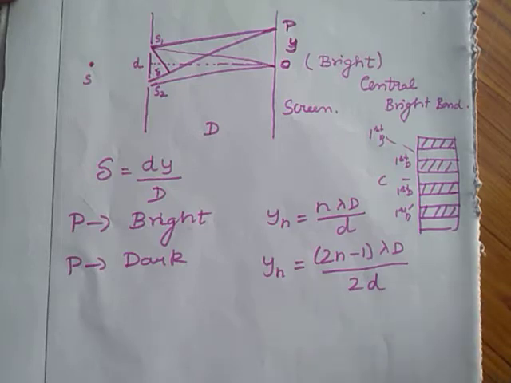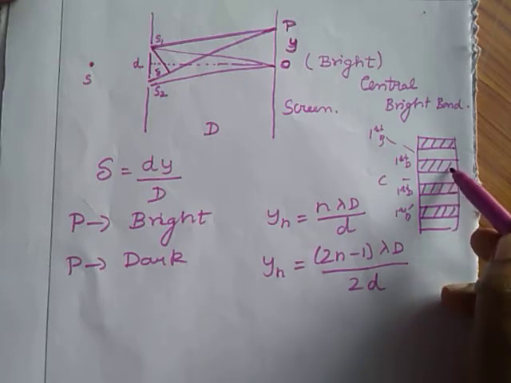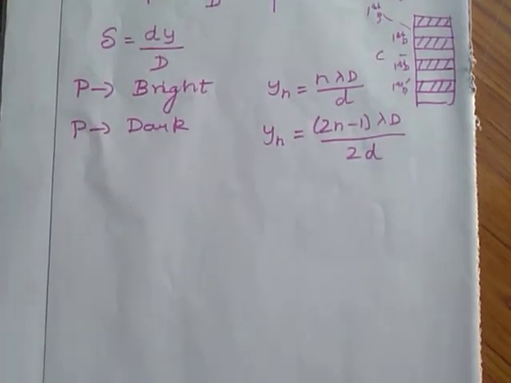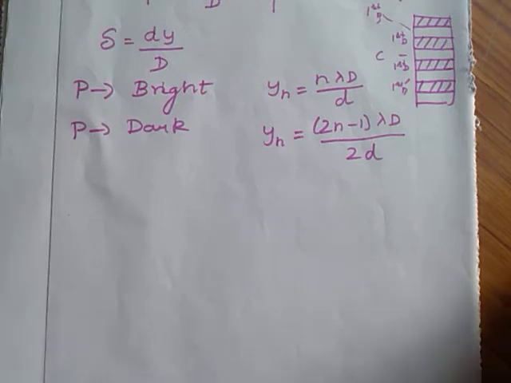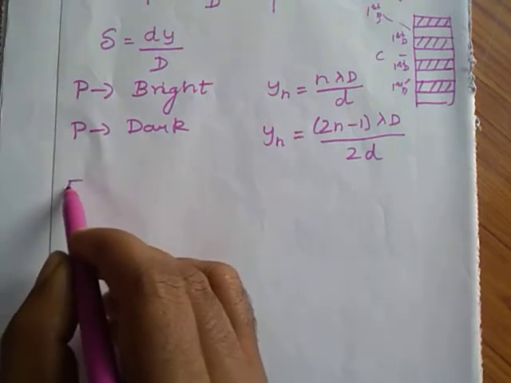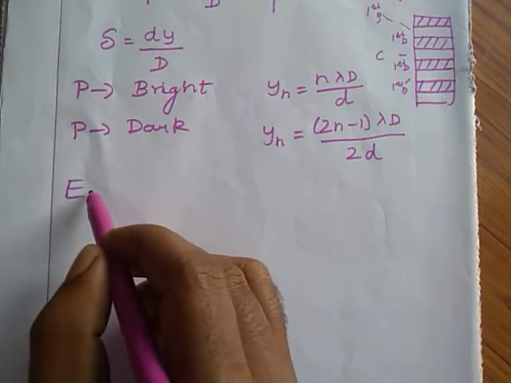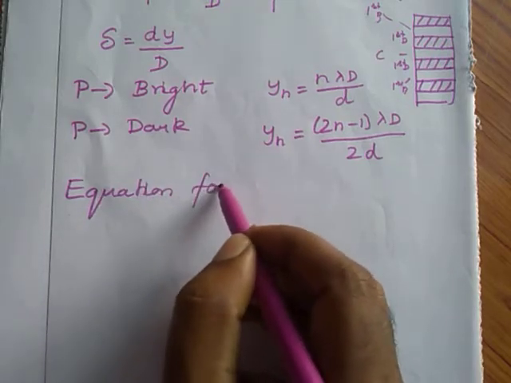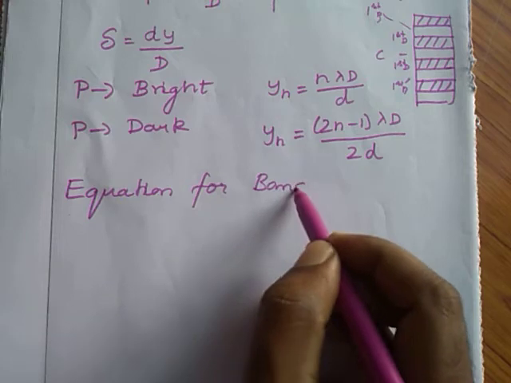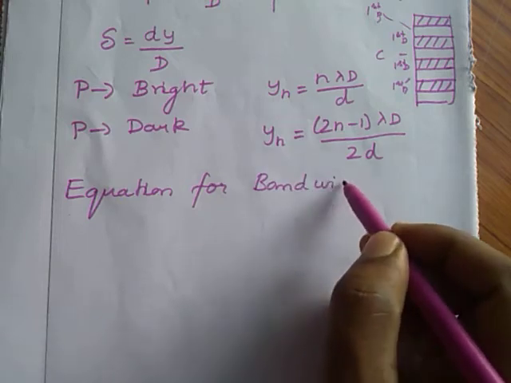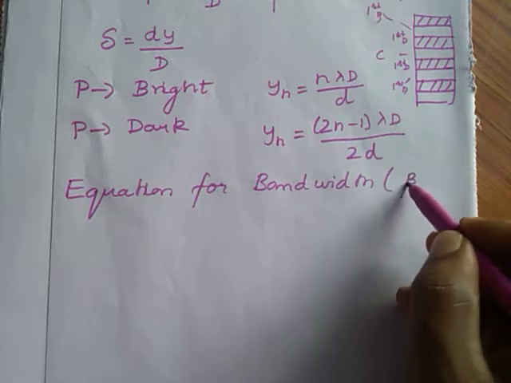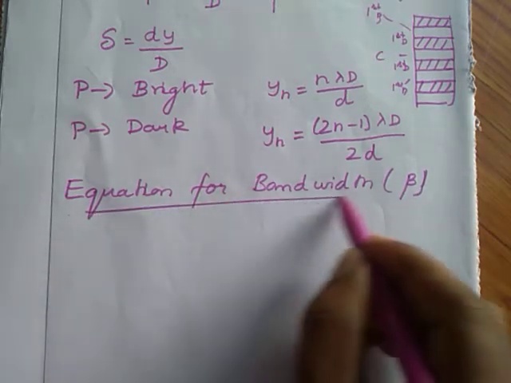In order to find the width of the band, we need to know what bandwidth is. Let me see the equation for bandwidth. Bandwidth is nothing but the width of the band, indicated by the symbol beta.